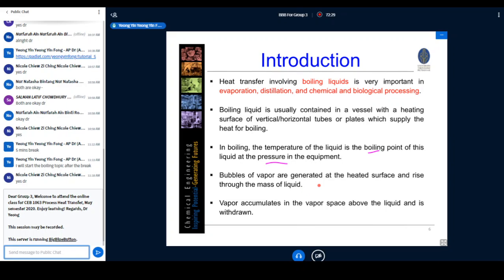Of course you have to boil the water first, then you put your noodles in. It's a kind of boiling when you see the bubbles slowly rising up. And vapor accumulates in the vapor space above the liquid and is returned when you cover with the lid of your boiling tools.